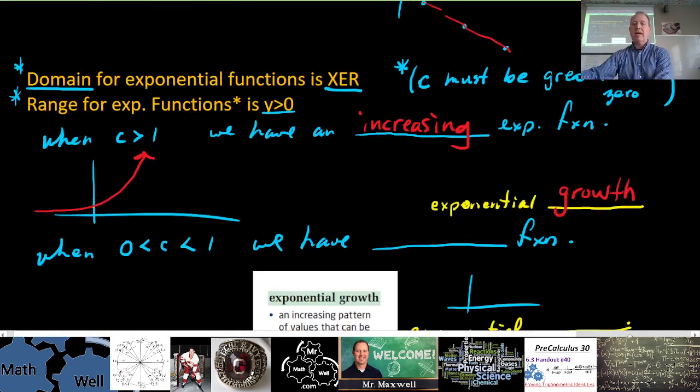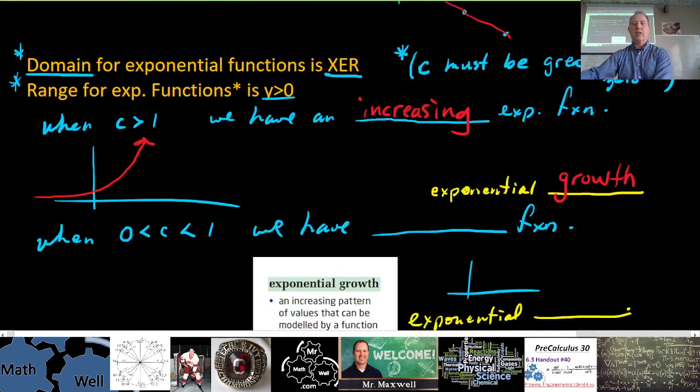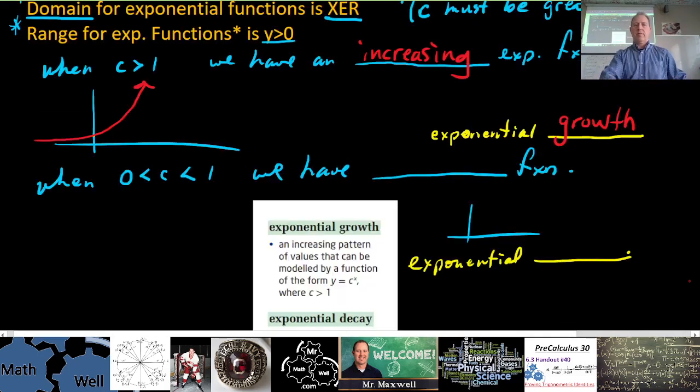If you have c that is between 0 and 1, then we have a decreasing function, as you saw in the diagrams above. And this would represent something like exponential decay.